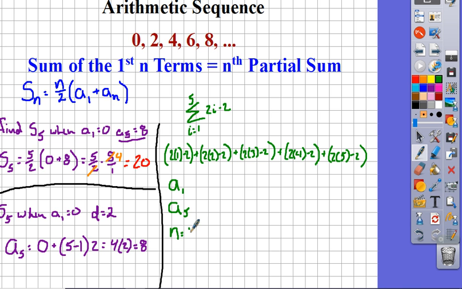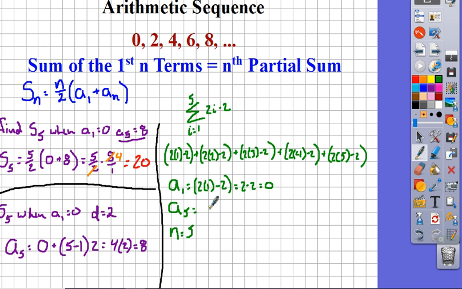So we know that's 5 in this case. We can plug the first 1 into here to find the first term. So we're going to say 2 times 1 minus 2. 2 times 1 is 2, and 2 minus 2 is 0. There's our first term.